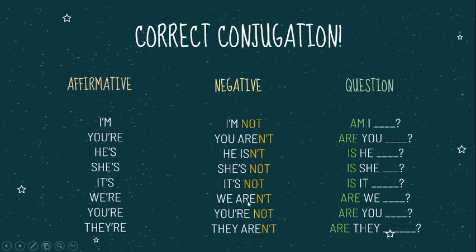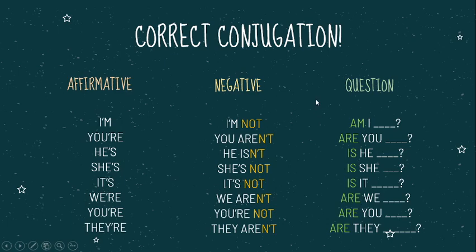This is for the negative in the contractions. Repeat, I'm not, you aren't, he isn't, she's not, it's not, we aren't, you're not, or they aren't. In the questions, we don't have a contraction, so we keep the same form that we checked before.